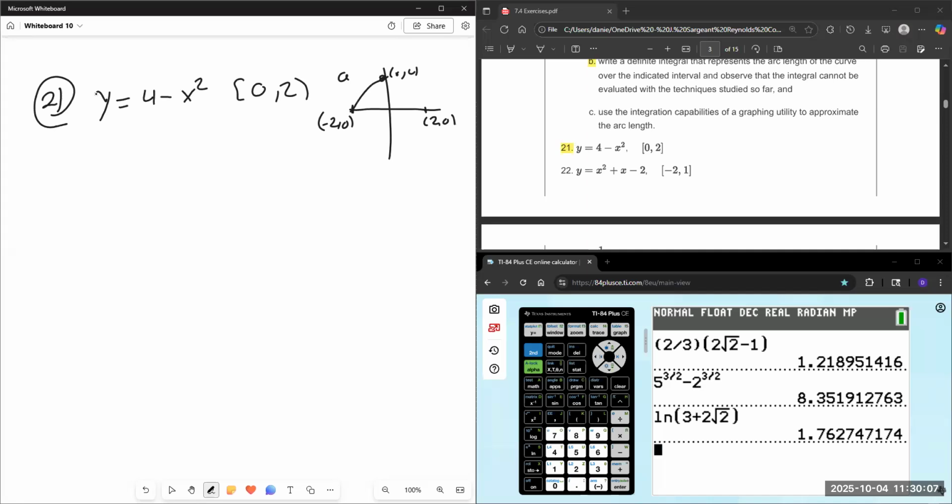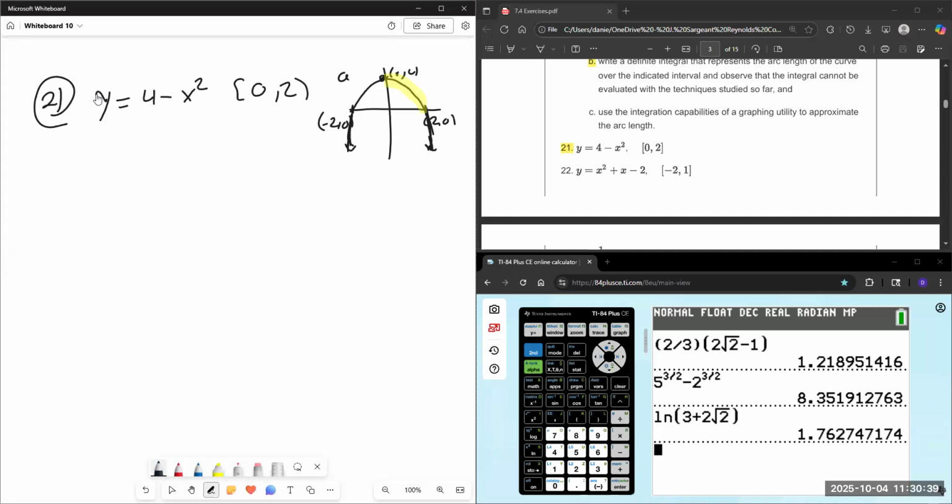And it's my best attempt at drawing that curve. Now I'm going to trace the part of the curve in a different color that I shall highlight here where I'm interested in. 0 to 2, right there, that part is what I'm interested in finding the arc length of.